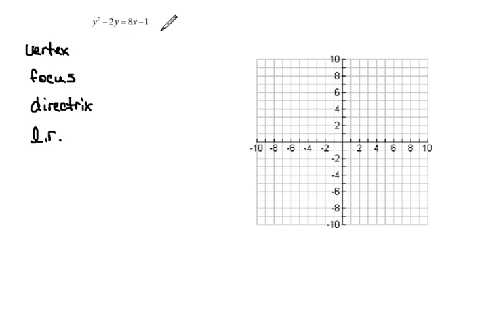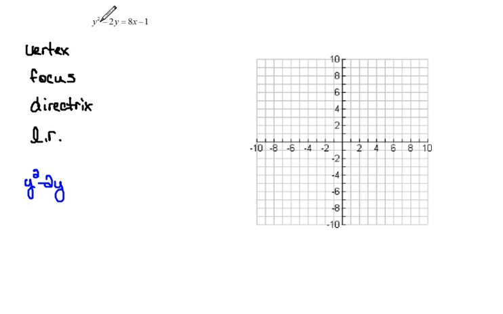This is not in our good standard form, so we need to force it into that form. Before we can do anything else, we actually have to complete the square in order to get that in the proper form. So if you'll remember, completing the square means that you have to group your variables together.